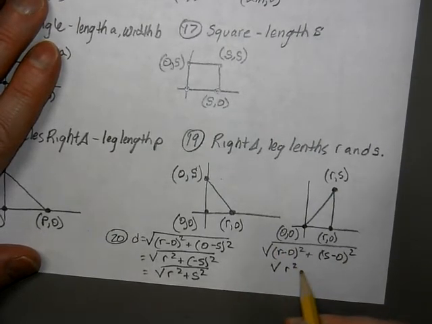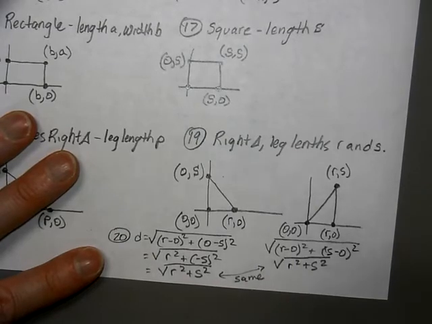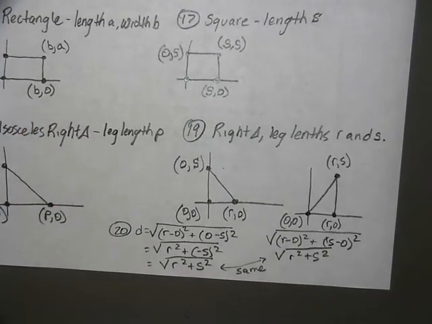That's going to leave us with r squared and positive s squared. And that's our final answer, and that's the same. So as long as they're listed accurately, you should be getting the same answer regardless of the way you listed them. You just need to be sure you follow the directions correctly.